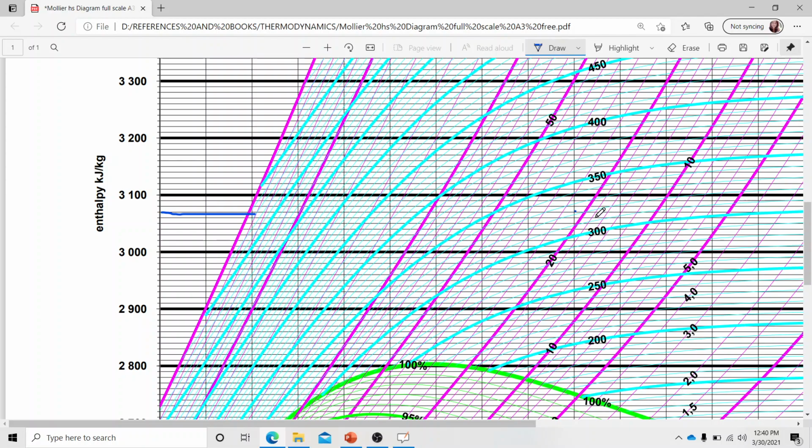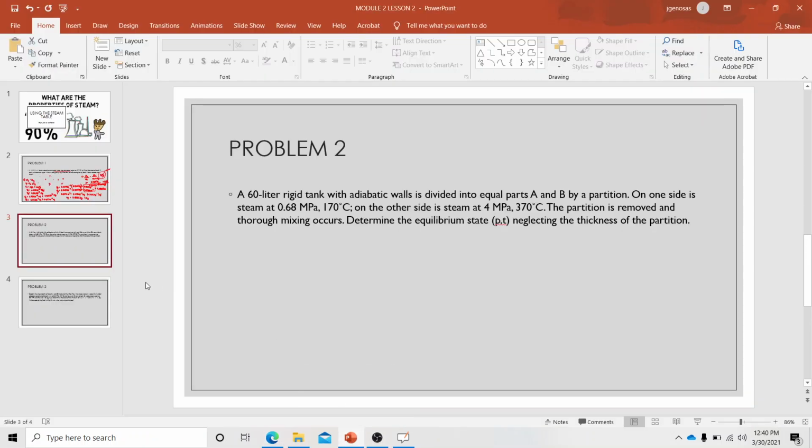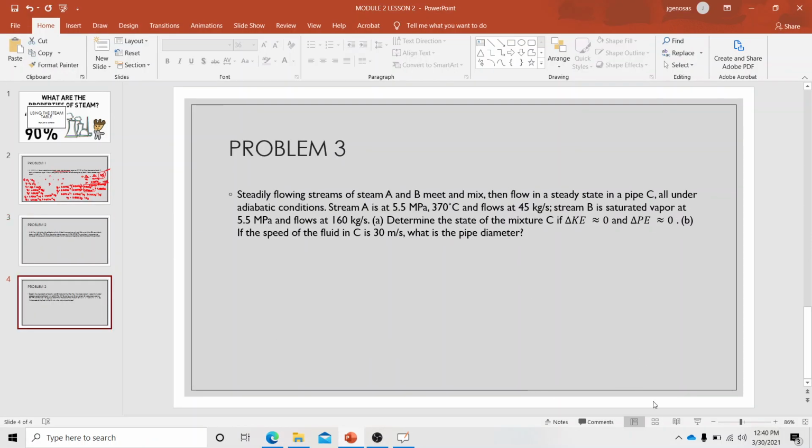So, between siya ng 320 tsaka 330. Okay? Pero hindi naman siya aabot sa gitna. So, let's say 323 to 324. Ayan. So, ganun kumuha ng temperature. So, next, let's proceed to the next problem.